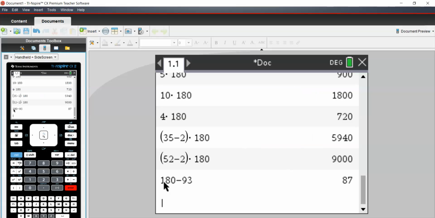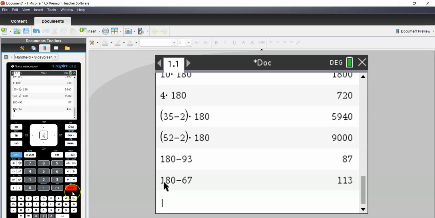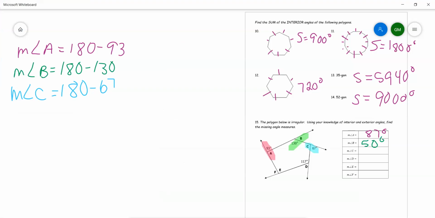So again, we can run that through our calculator. 180 minus 67, and it's 113. So we're going to write that: 113 degrees.